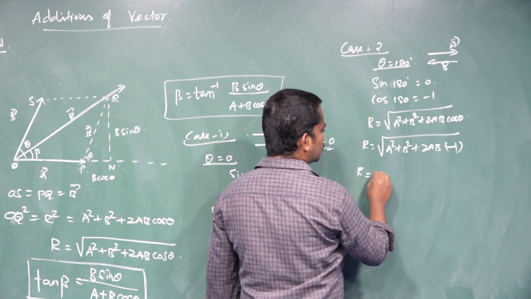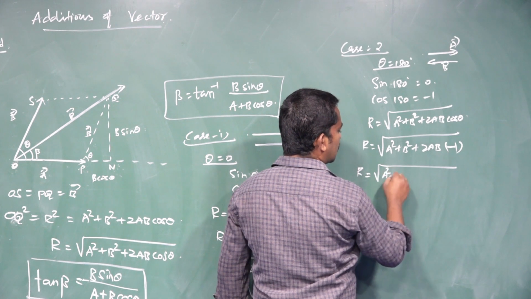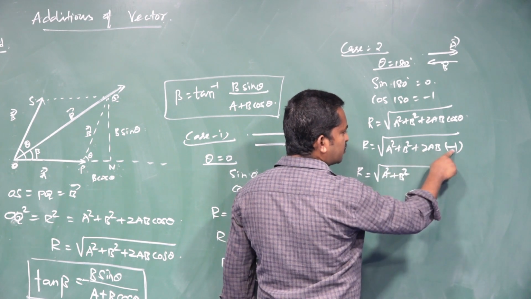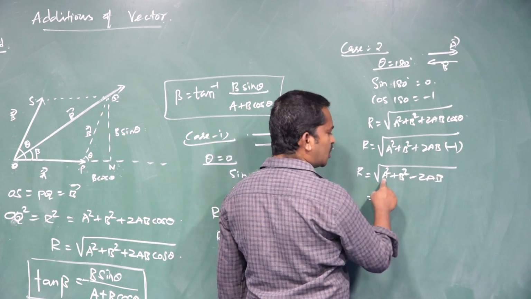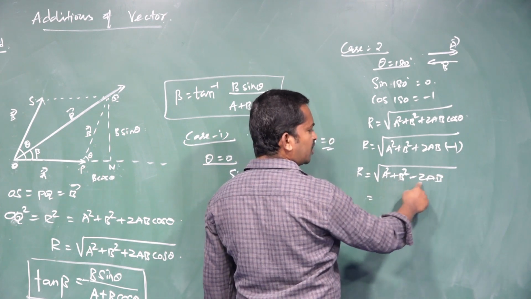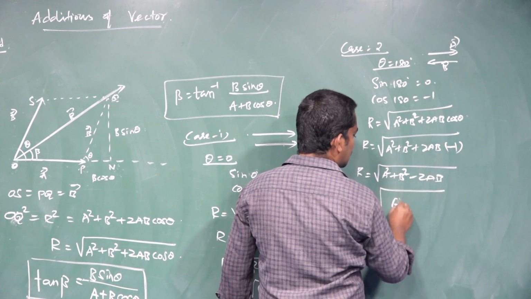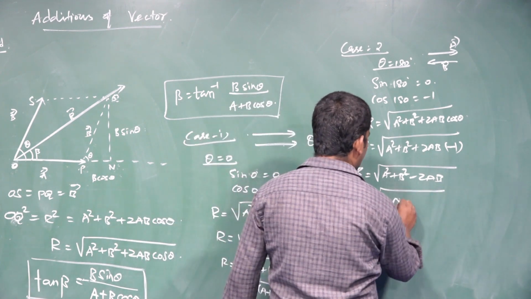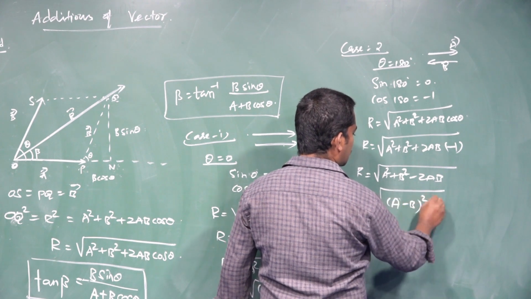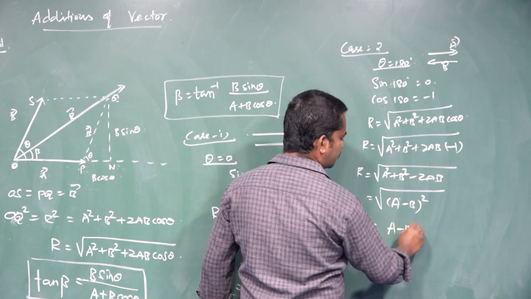So R is equal to square root of a square plus b square minus 2ab. See, a square plus b square minus 2ab is equal to a minus b whole square. A minus b whole square, so finally we get a minus b.